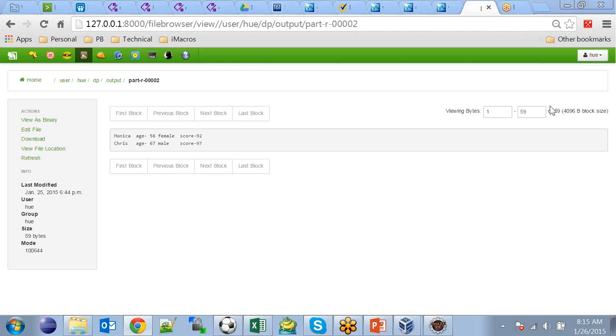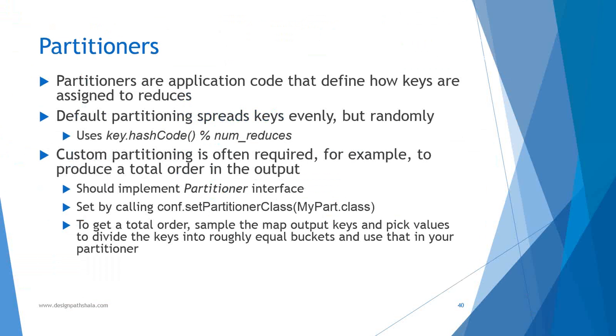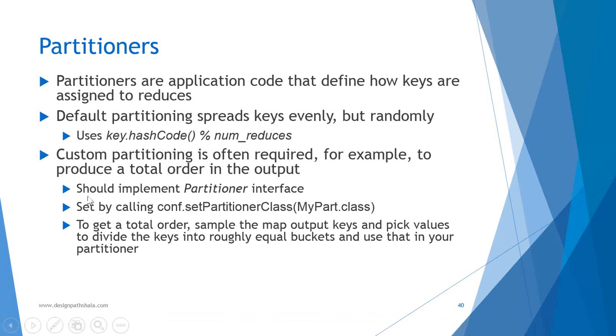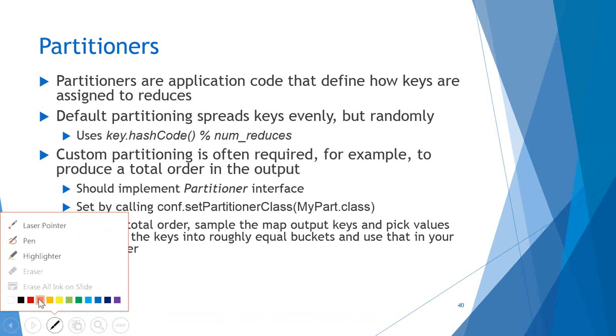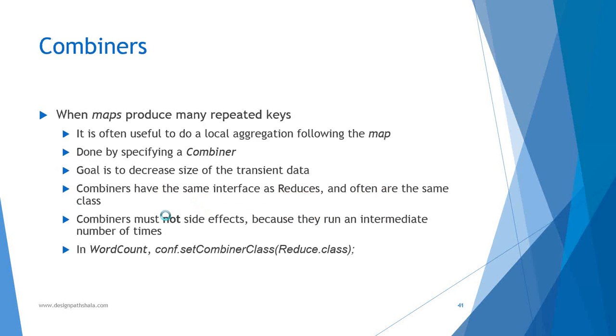Okay, let me switch over to the PPT. Any questions on this part? Okay, as I was saying, we have to just set the partitioner. So conf.set partitioner, and that's the way I can segregate my logic to the different reducers.